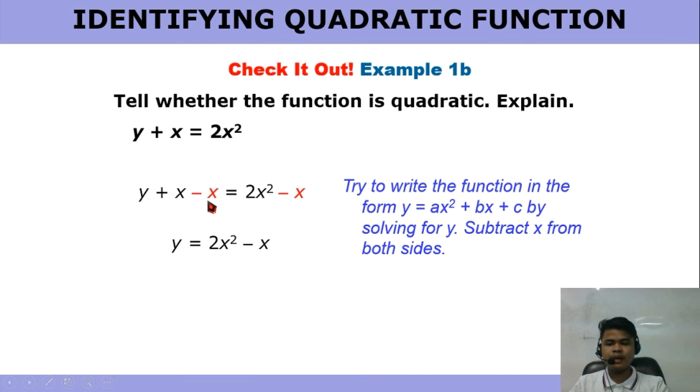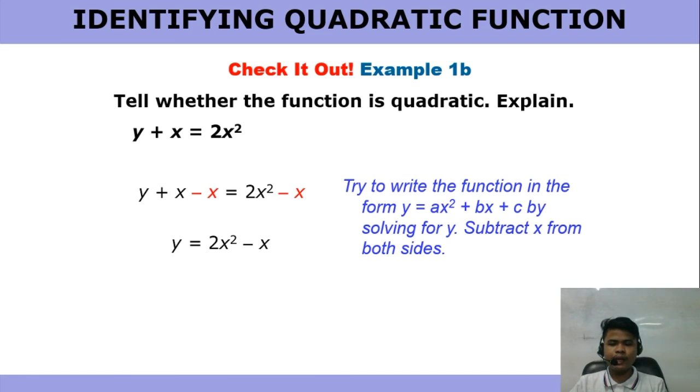So, I subtract x sa left, I also subtract x sa right. So, positive x minus x is 0, then crash out. Then, as is na yung 2x squared minus 6. Minus x rather. Okay, ito na yun. So, y is equal to 2x squared minus x.